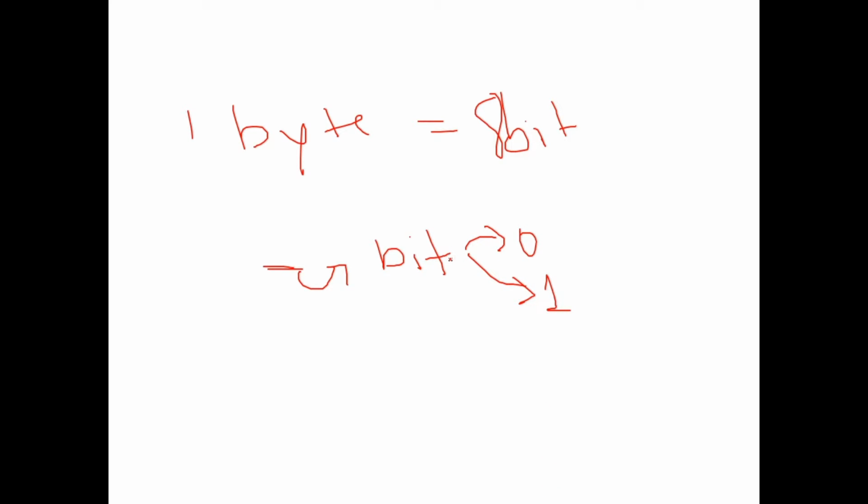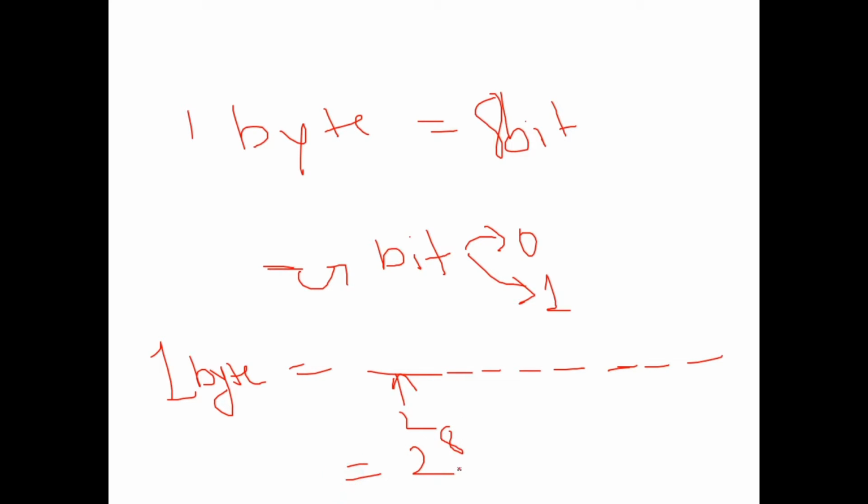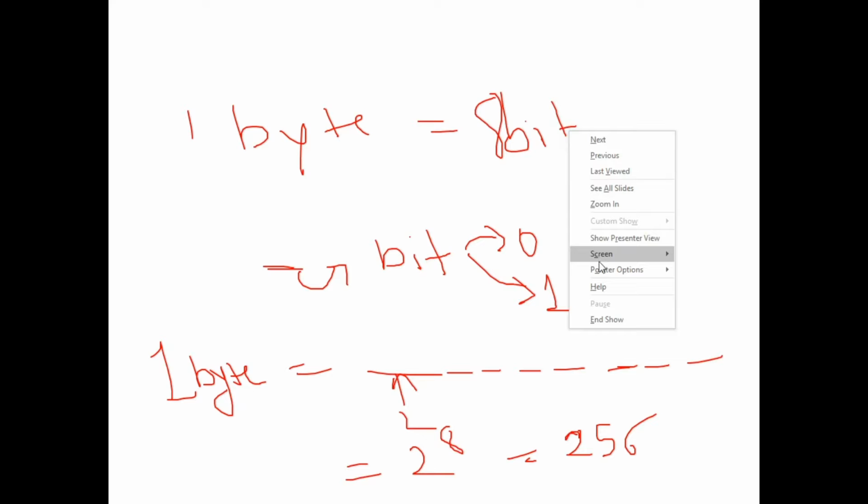So if you have 8 bits, 1 2 3 4 5 6 7 8 for 1 byte, you have 2 possibilities for each, so the total possibilities for 8 places will be 2 to the power 8, which I think is 256. So calculate this and you will get the value 256.